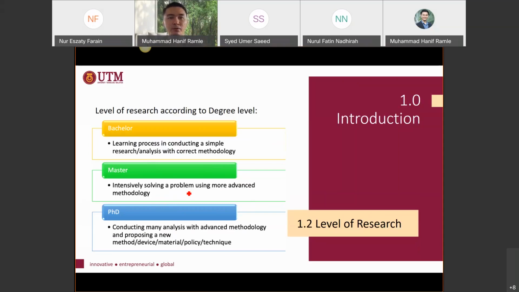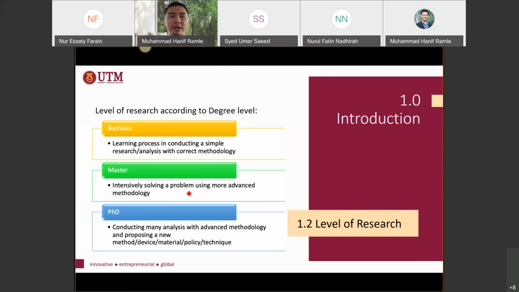PhD means Doctor of Philosophy. You will conduct many analyses with advanced methodology, and somehow you have to propose a new thing. The new thing can be a method, device, material, policy, or technique. It depends on your scope. In some cases, the student only proposes a method.